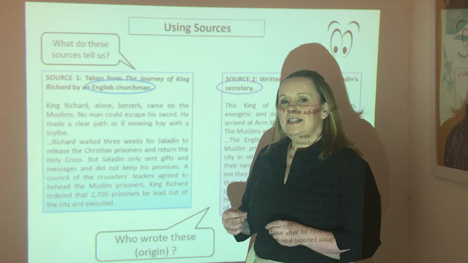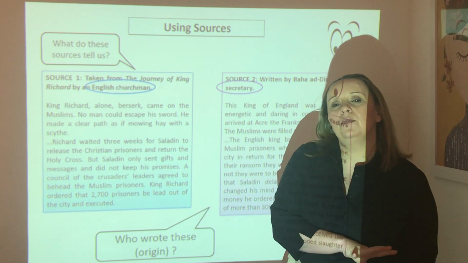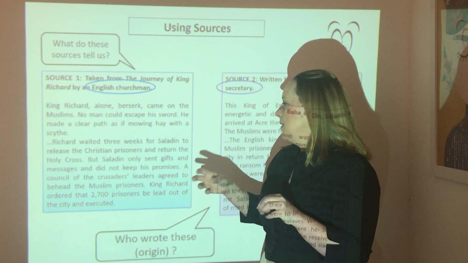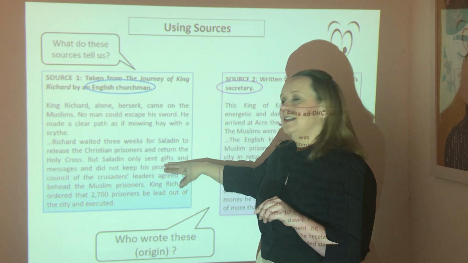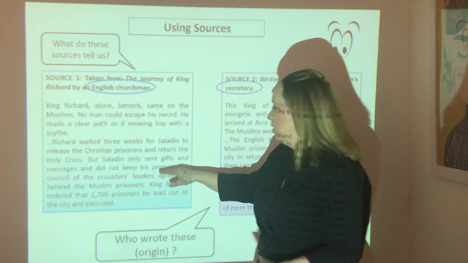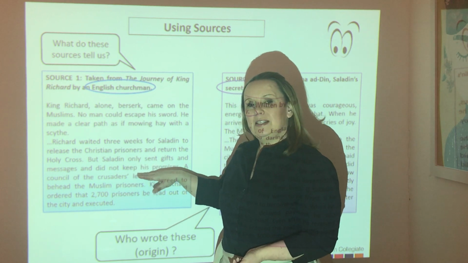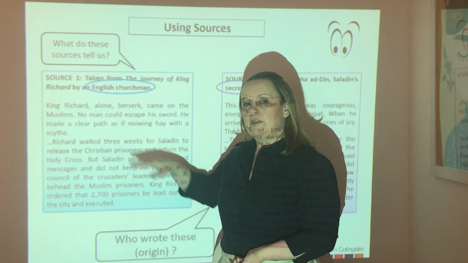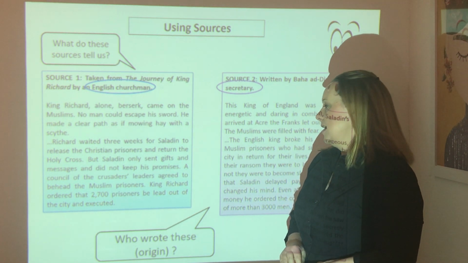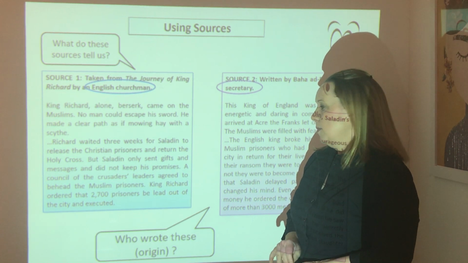So that gives us this idea, we're not saying he's all bad, okay, because that might look too biased, but also it questions maybe the sanity of Saladin. Why would you send gifts to the person you're fighting? Why wouldn't you send the people who you would, this impression gives you, as being promised to return those Christian prisoners? A council of Crusaders leaders agreed to behead the Muslim prisoners.